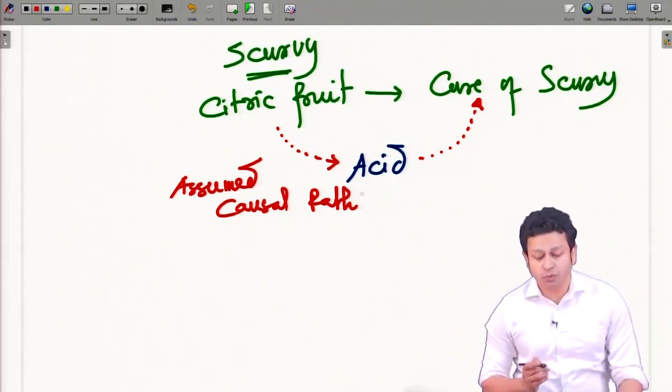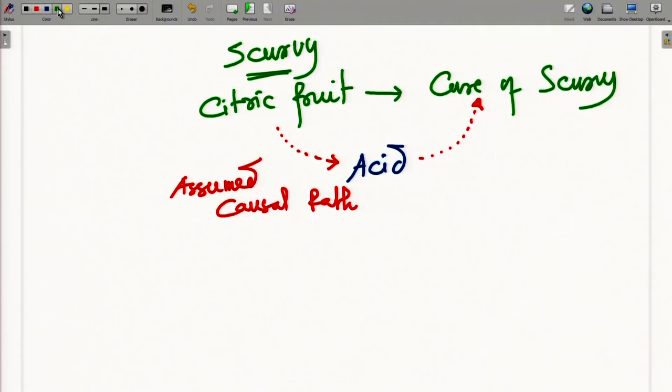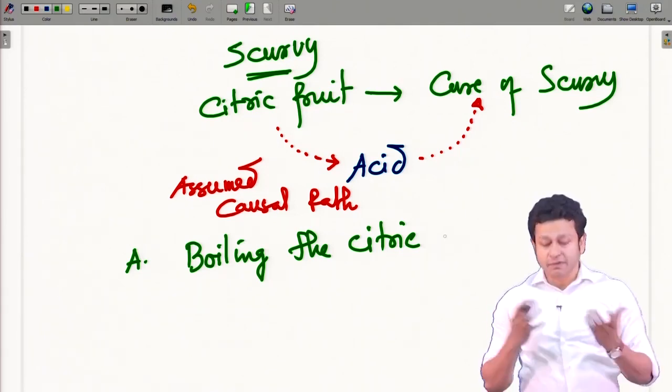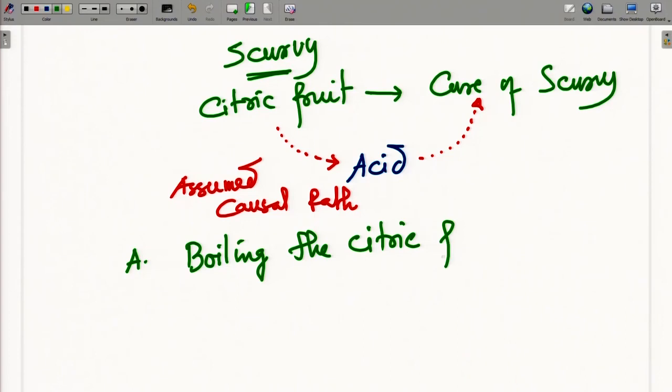Some sailors started boiling the citrus fruit, because when you are going to, say, Arctic regions, it is really cold, and you might want a hot beverage made out of citrus fruits. The assumption is that since the main ingredient we are concerned with is the acid, it is not really spoiled when you boil it.